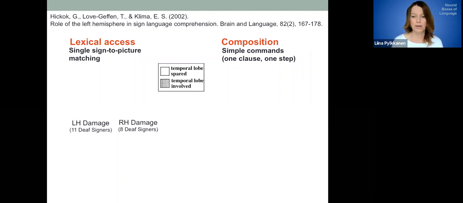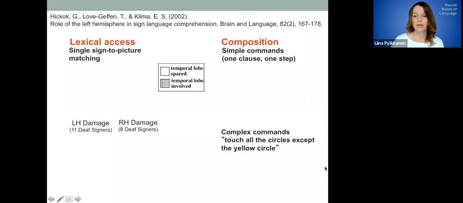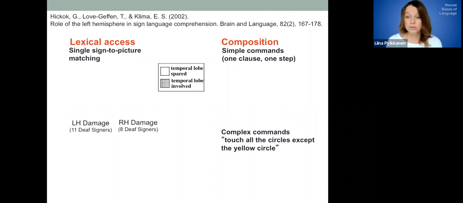Again, comprehension. And finally, complex commands, where you would be asked to touch all the circles except the yellow circle, for example. So simple lexical access, simple combinatorics, and then slightly more complex combinatorics.